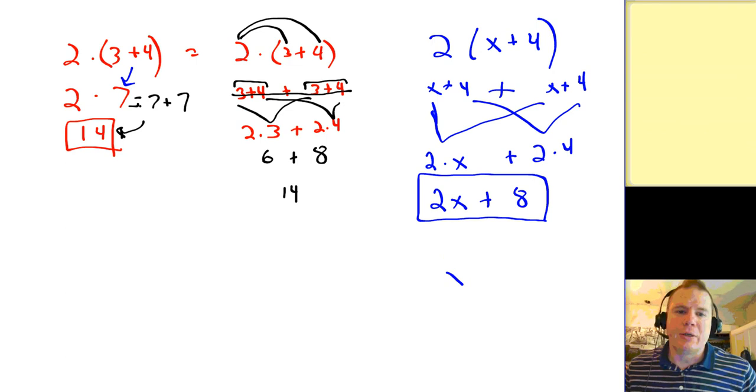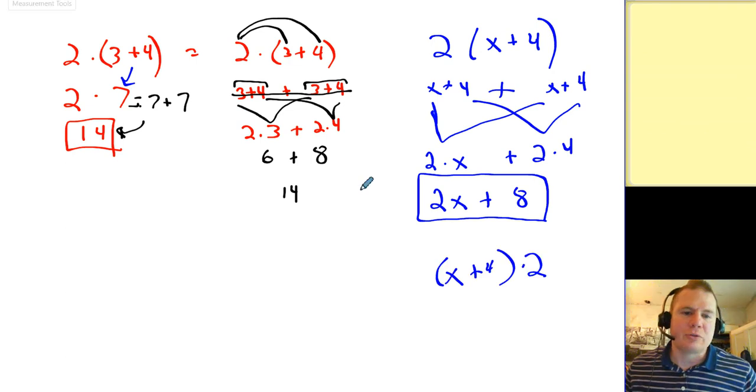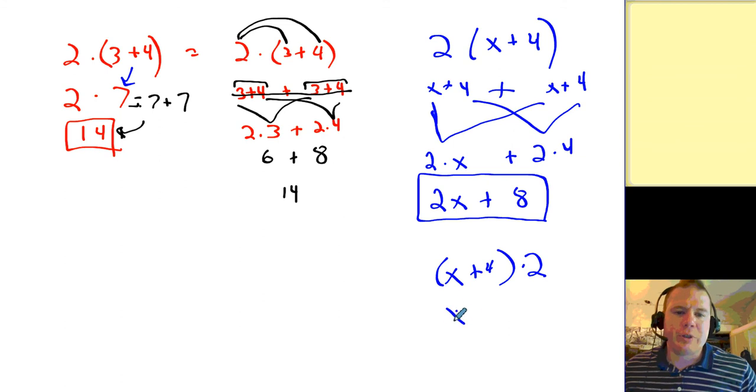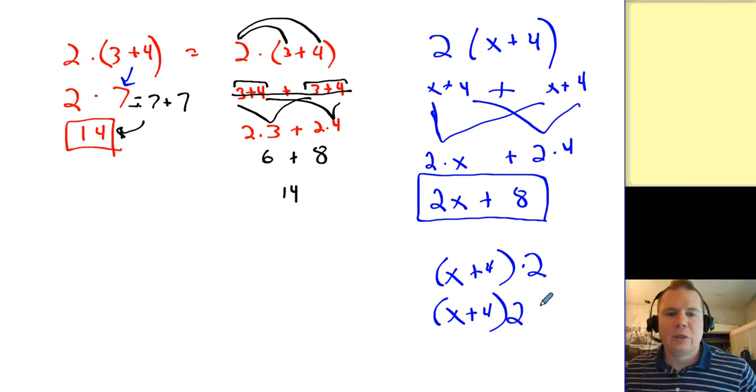I could have written it as just x plus 4, 2. This is less common. We typically put the monomial in front of the binomial, just like we usually put the number in front of the variable, but both do mean the same thing.